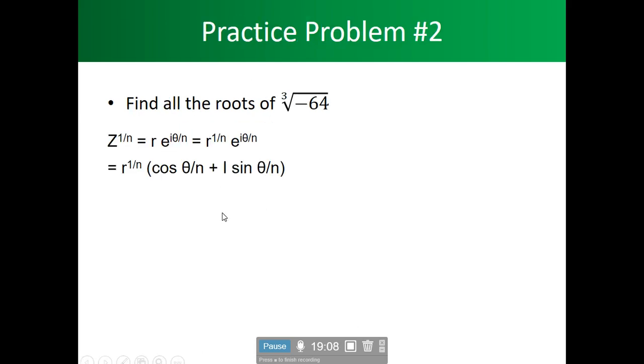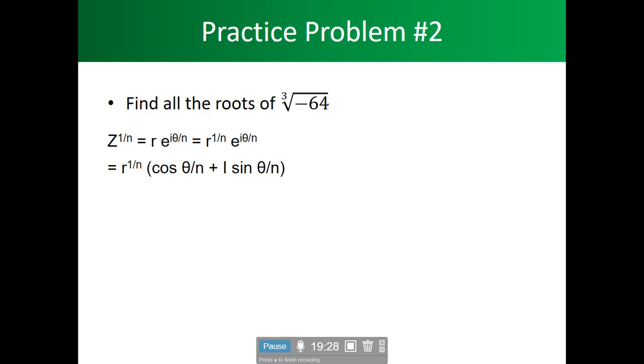Okay, so now we're going to look at another one. We're going to look at the cube root of 64. All right, same rule. So I want you to go home and practice it and then come back and check it out. You can pause the video.